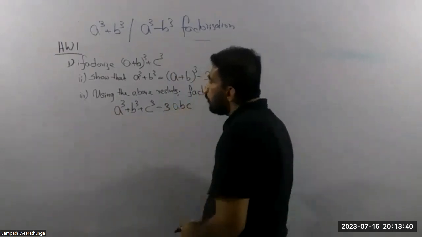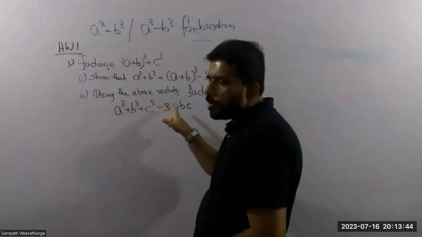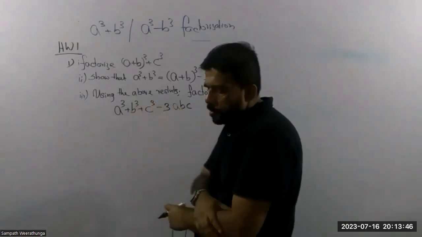So using the above results, you have to factorize a cube plus b cube plus c cube minus 3abc.